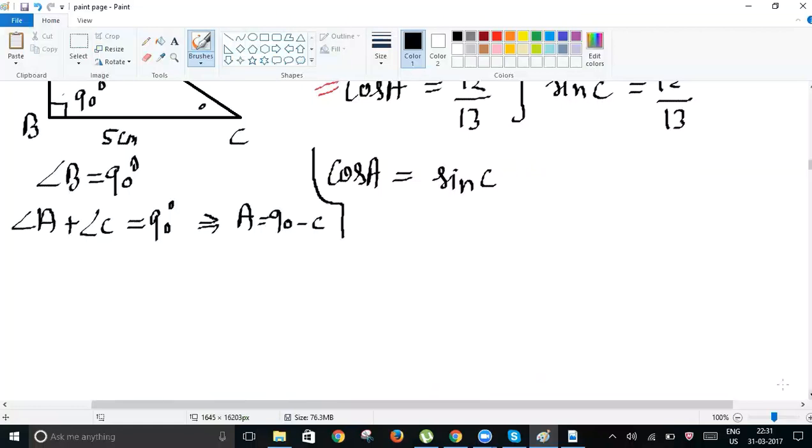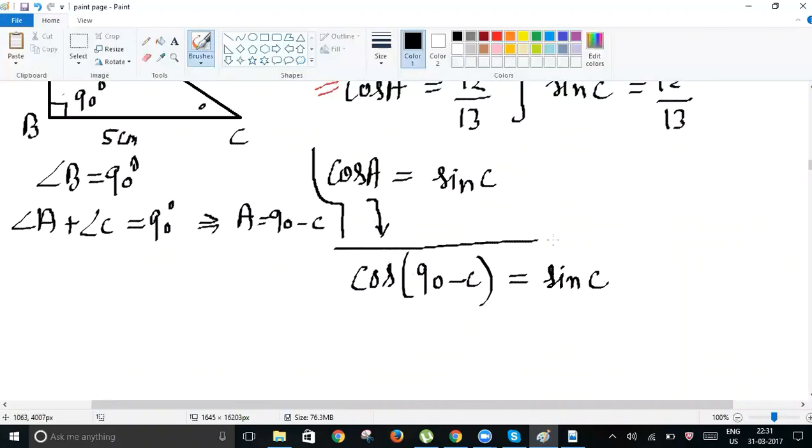So if I replace the value here, I will get cos 90 minus C is equal to sin C. This is called complementary relationship.